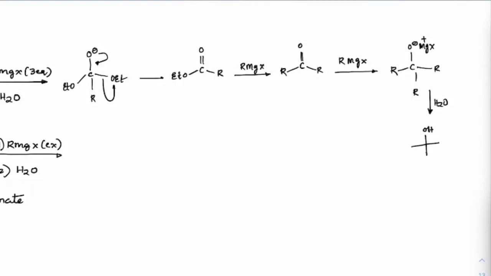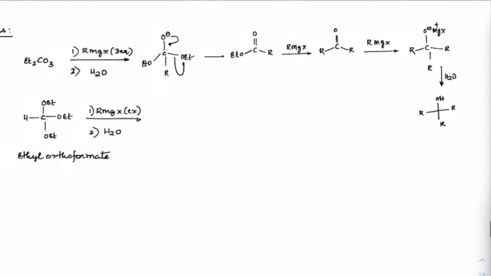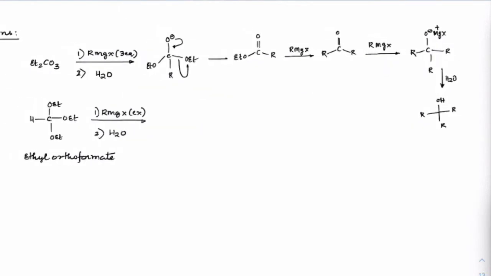So OH here with all three R groups here. So that is how you will get this product. Make a note, the minimum required is 3 moles. So all 3 moles are removing this diester and forming this as an alcohol. We learned in the morning also, esters usually give tertiary alcohols.